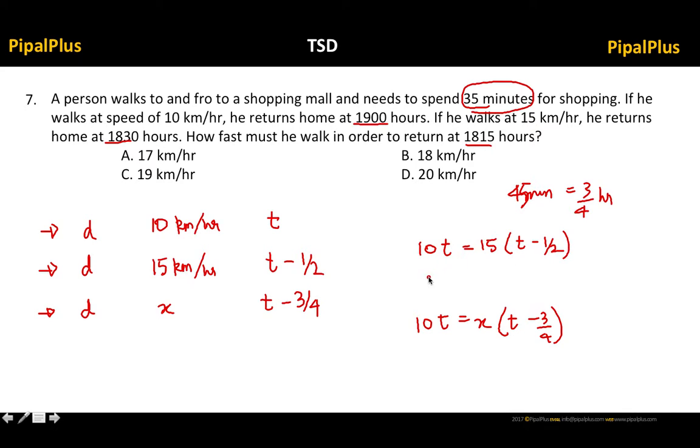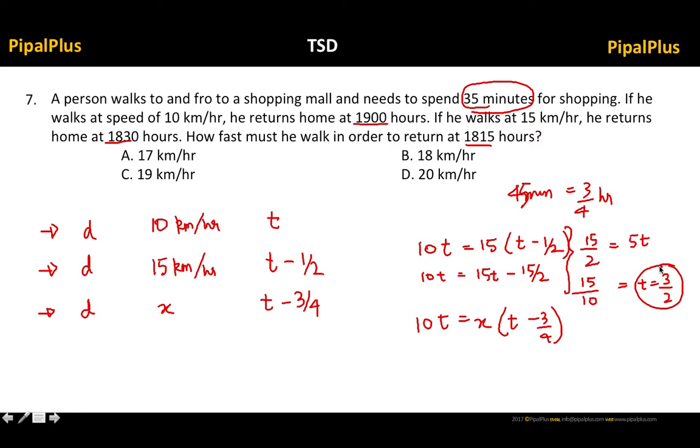We get 10t here, 15t here, and 15 by 2. So I'm going to take 15 by 2 to the left hand side as negative, and I'm going to take 10t to the right hand side. So 15t minus 10t becomes 5t, and I get t equals 15 by 5, which is equal to 3 by 2.